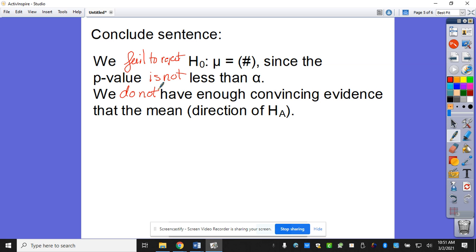Alpha is either going to be given, or if it's not given, what do we use? 0.05. Our p-value is what we get, just like from before, when we figure out the lines and we shade it, and it's the shaded area. Our p-value is the probability of that shaded area. So we actually find our p-value, and then we just put those two things together to get our conclusion.